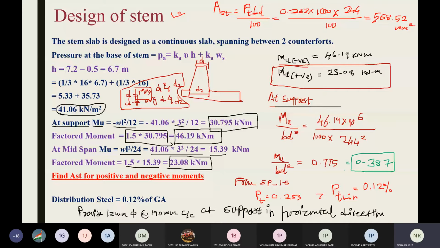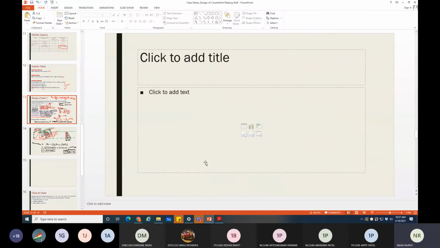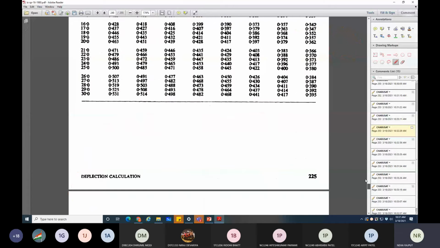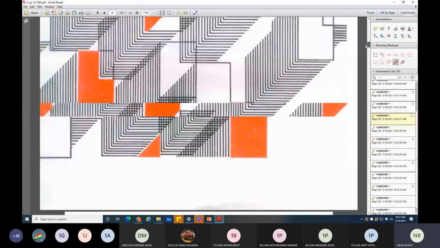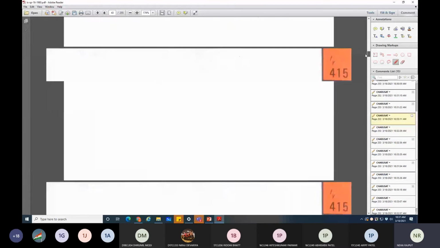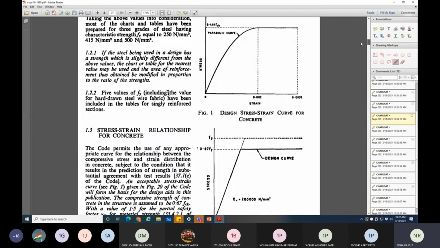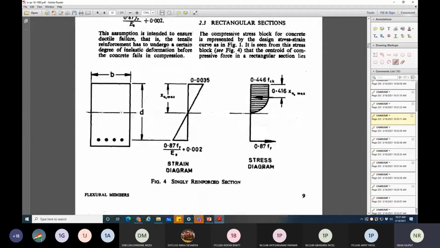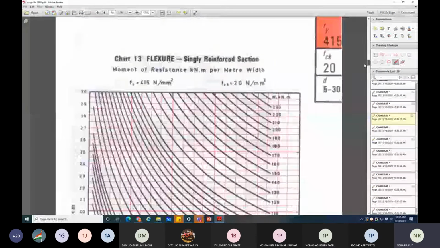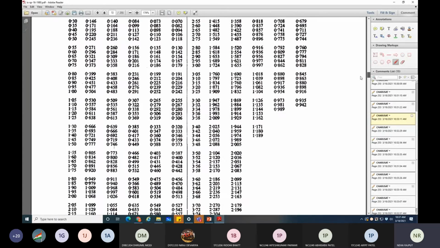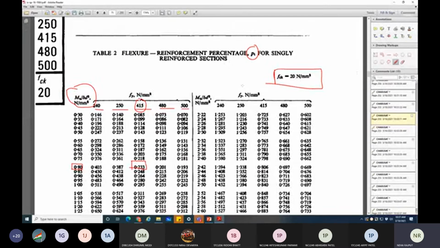Right. Now again from SP16, you are going to find the pt value. Table number, so here M20.